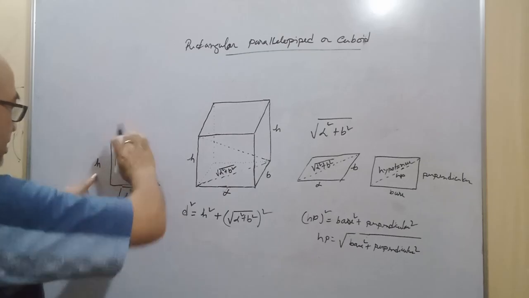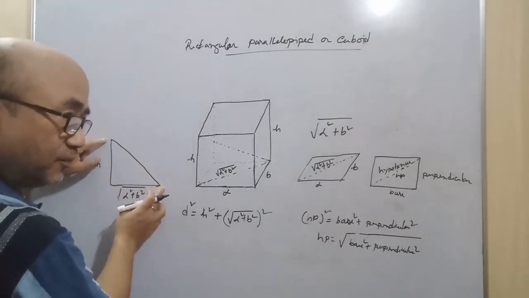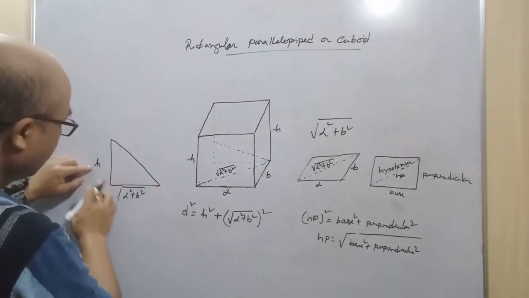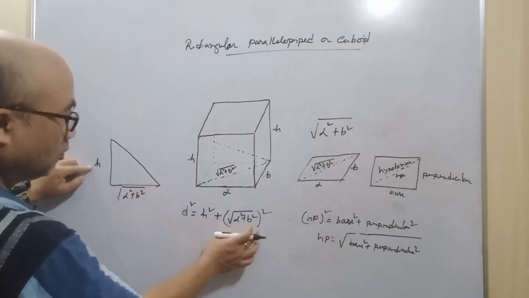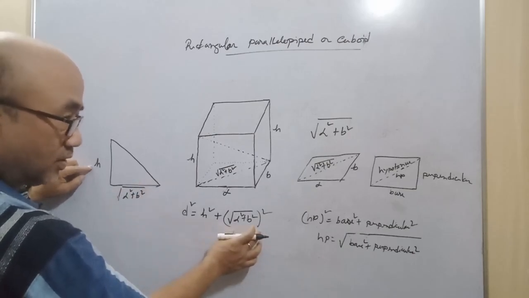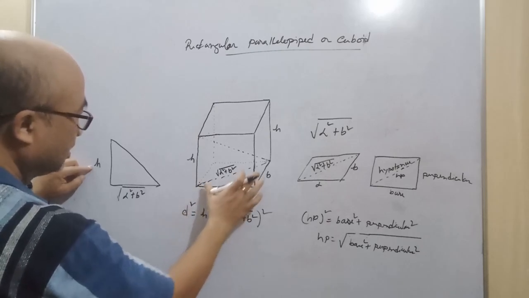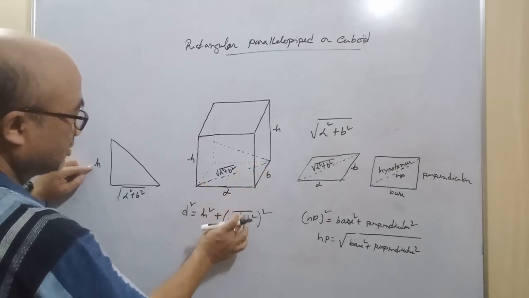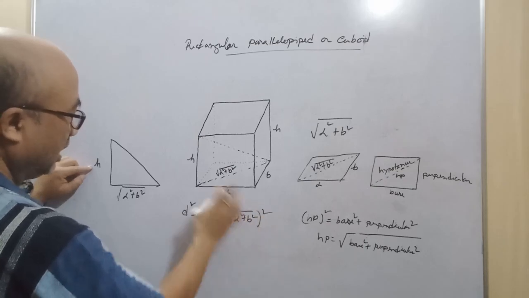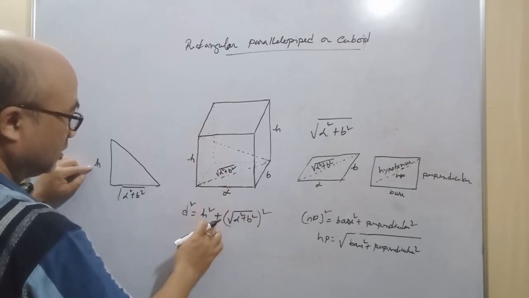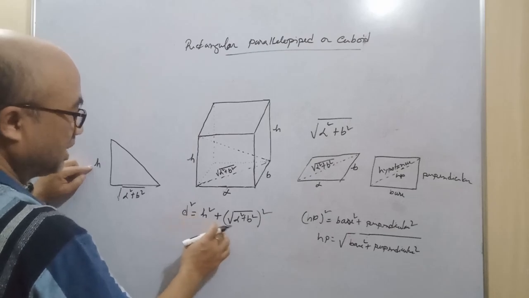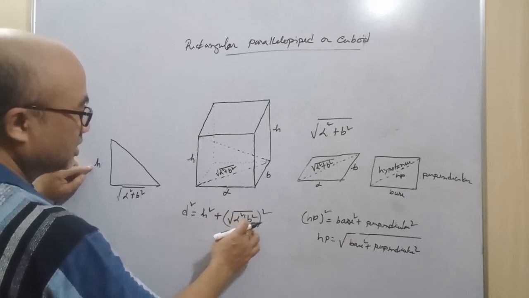Right? This diagonal square is equal to h square plus root over L square plus B square, whole square. This line is root over L square plus B square, and this line is h. So D square is equal to h square plus root over L square plus B square, whole square.